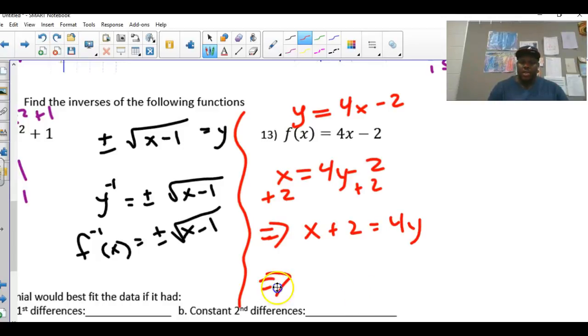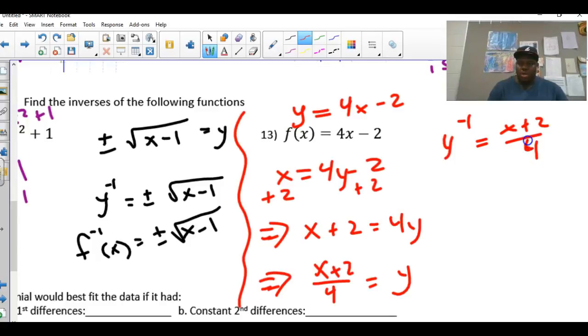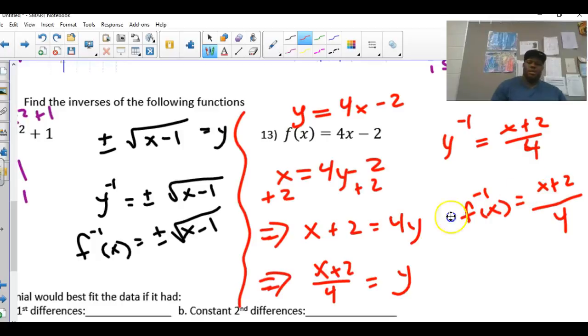Now we need to divide by 4 on both sides. So we end up with x plus 2 divided by 4 equals y. Now that y is isolated, we can say y inverse is x plus 2 over 4. Or you can say the function inverse equals x plus 2 divided by 4.